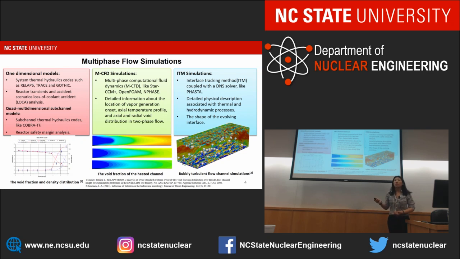The one-dimensional models are capable of doing thermohydraulics calculations for the whole nuclear reactor system, but rely on a lot of empirical correlations, and many of the parameters used in these empirical correlations come from fixed geometries or a certain range of thermal and hydrodynamics conditions. So when applied to new situations, their predictive capabilities may degrade because the conditions are different.